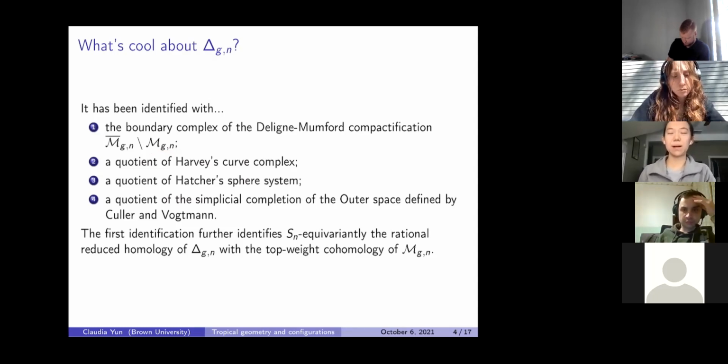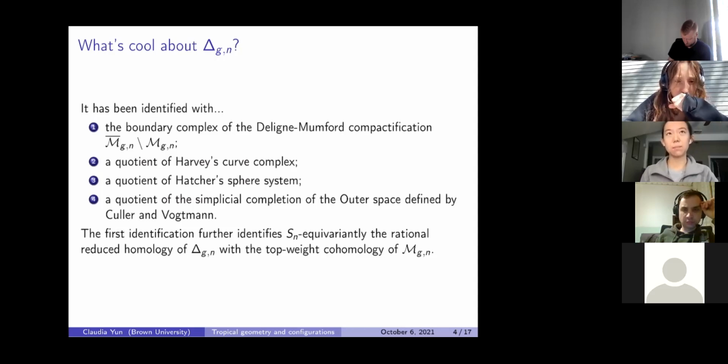Harvey's curve complex is also a simplicial complex parameterizing curves on a smooth surface of genus g with n punctures. And if you quotient out by the action of the pure mapping class group of the surface, then you get delta g,n. And similarly, or maybe not similarly, delta g,n can also be identified with the quotient of Hatcher's sphere system.